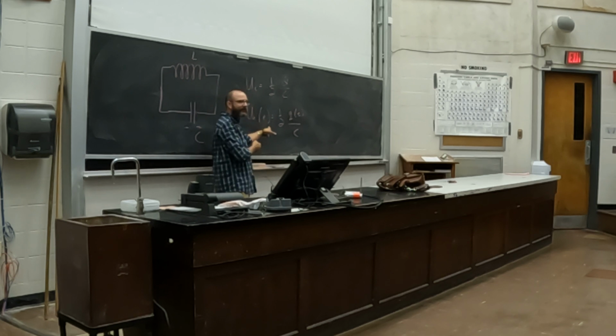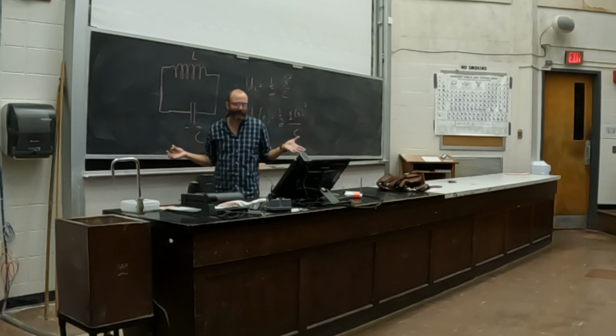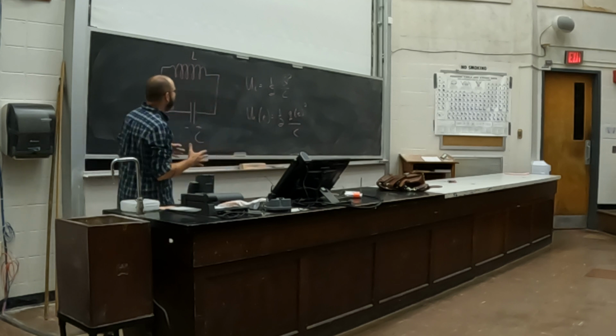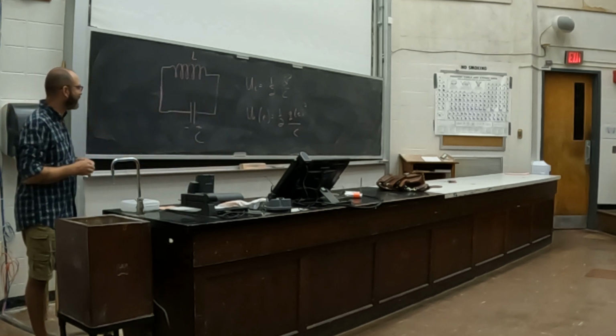Energy is a function of time, as 1/2 q(t) squared over C. So the capacitance here is just the characteristic of the component. This is a constant, but now we're allowing q to change. So at any point where some q is on the capacitor, it has this much energy.